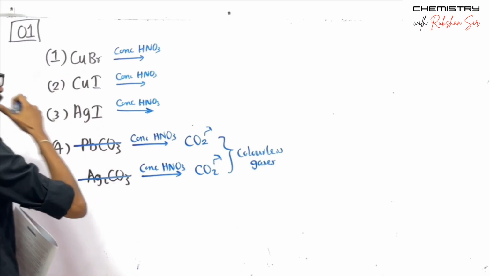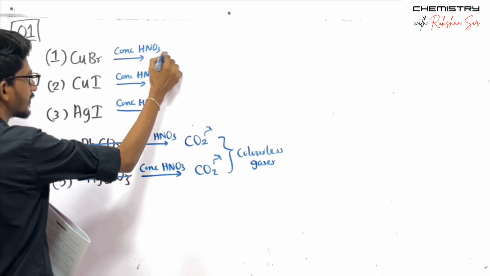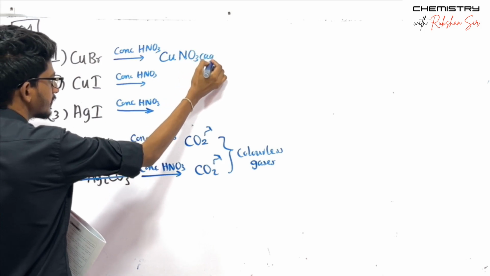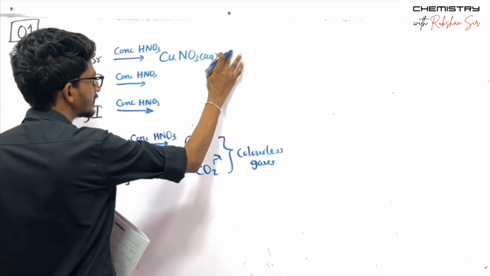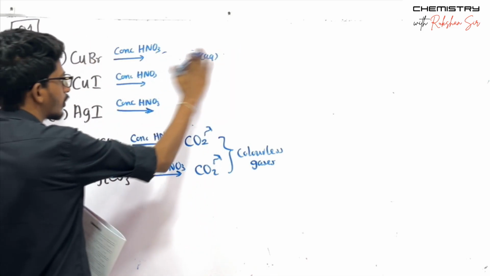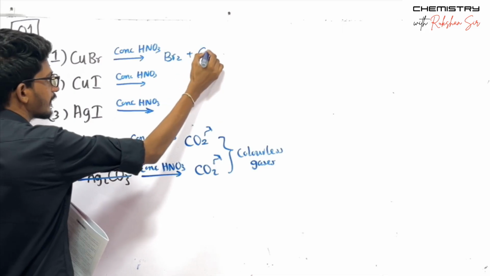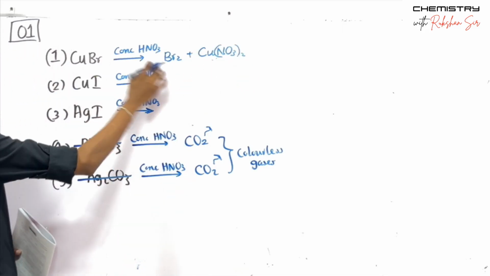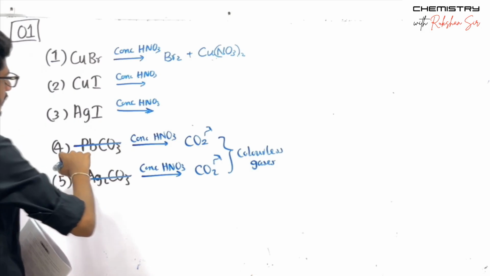This will form copper nitrate, that is the solution. Basically, Br2 gas will liberate, Br2 gas and the copper nitrate solution. The salt and gas will liberate. Basically, H2O will also be released to balance the redox reaction.